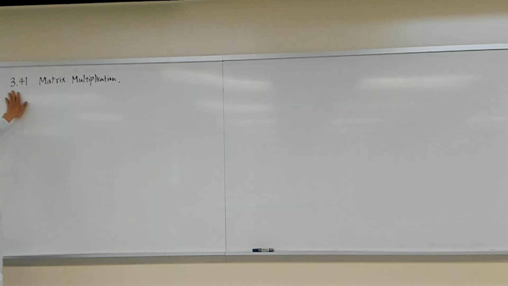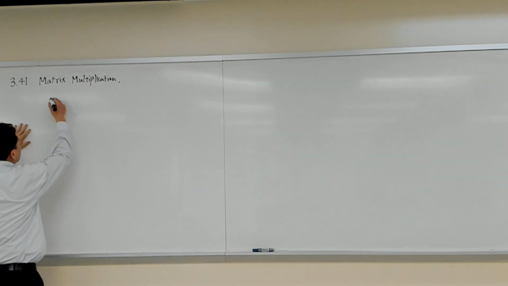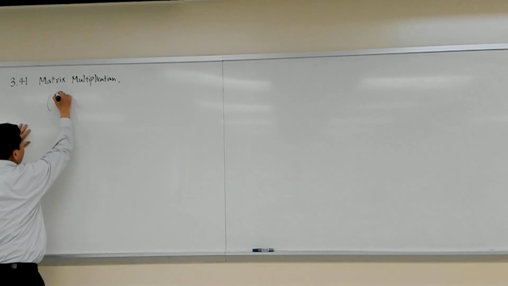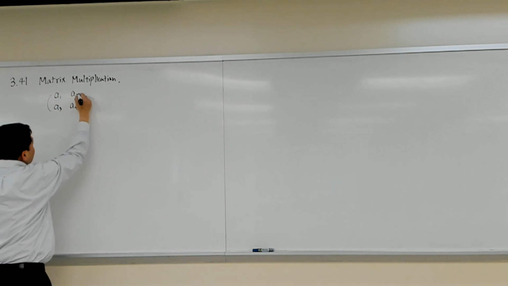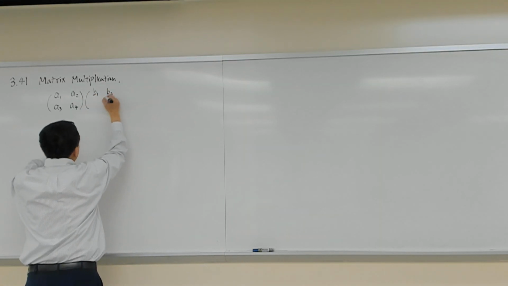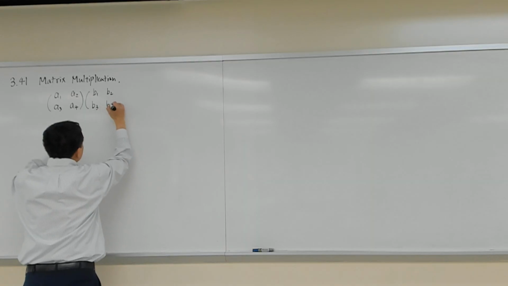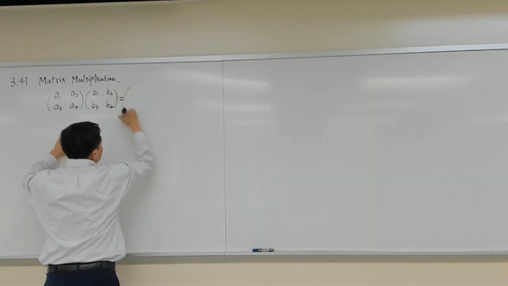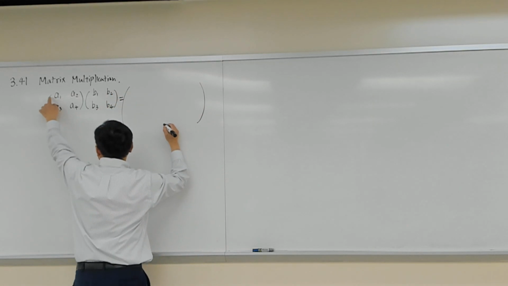Okay, so 3.41 is just revisiting the matrix multiplication that all of you already know. So let's think about this. If you have A1, A2, A3, A4 times B1, B2, B3, B4, what's the result? It'll be across and down, right?